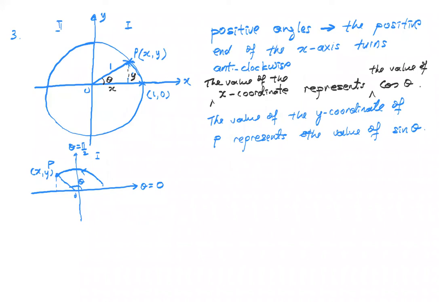So, what does it show? That means if the angle is more than pi by 2, but less than pi, sin of that angle is greater than 0.